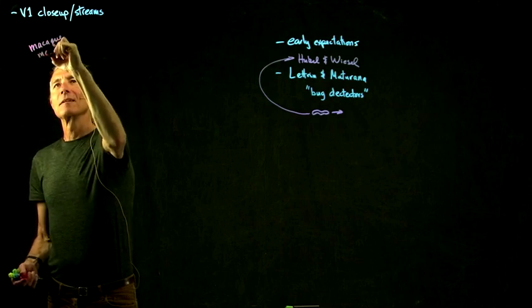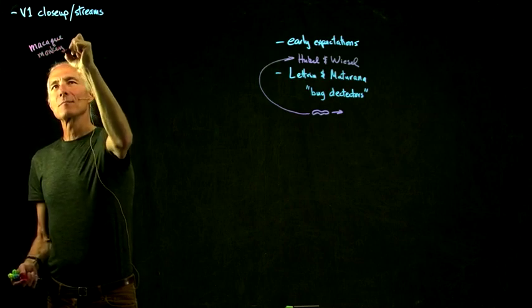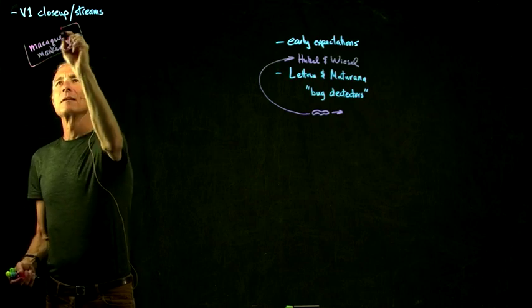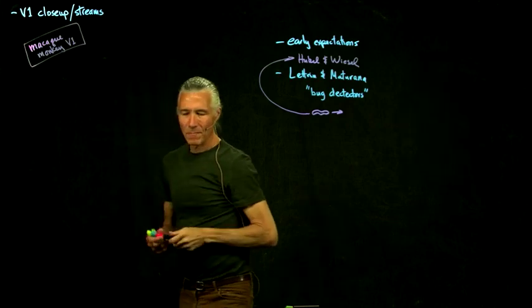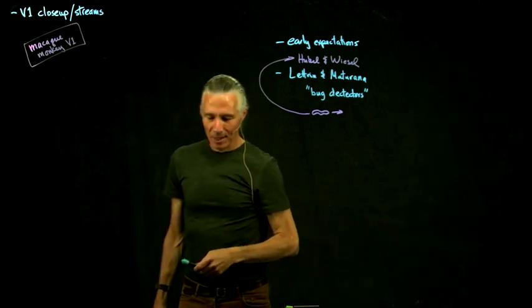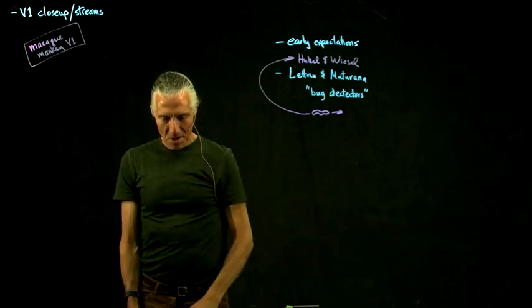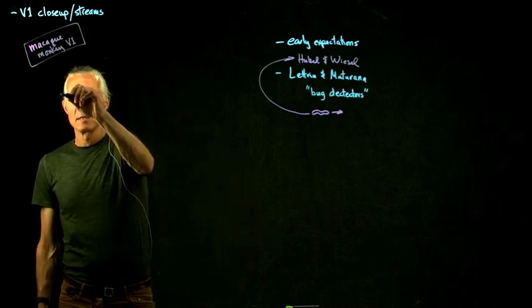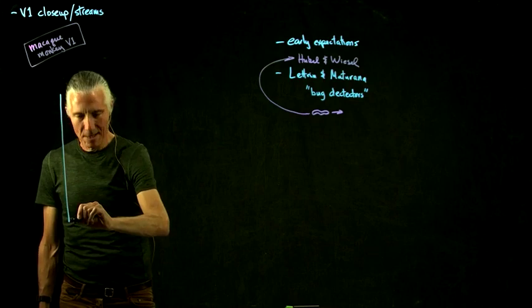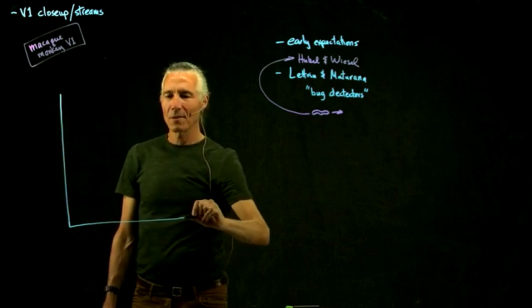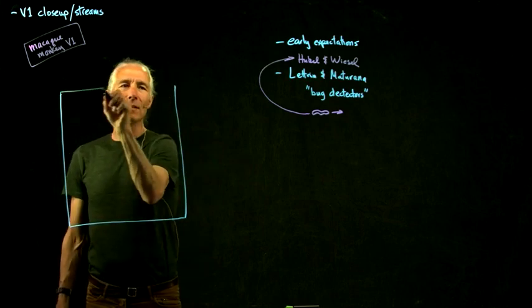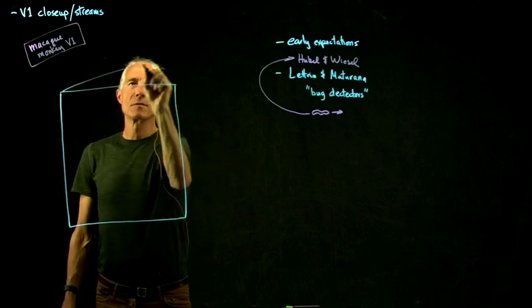It's very similar to human V1, not exactly the same, but similar. And so let's draw a nice big chunky piece. So this is just like a little piece, just a couple millimeters of V1.